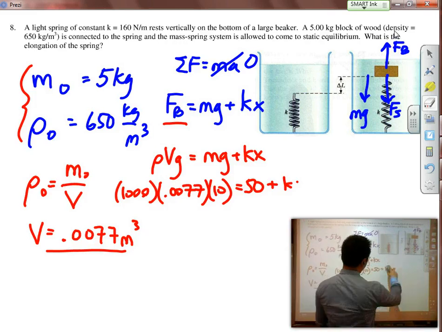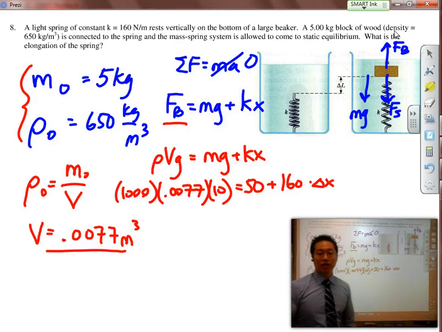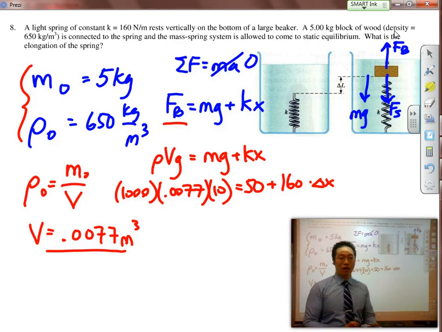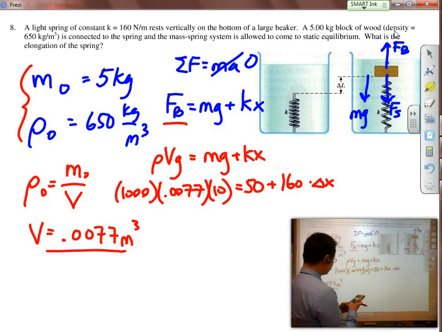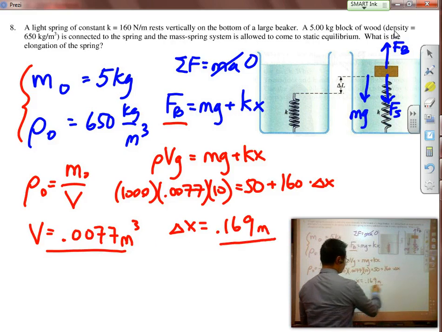They said that k is 160 newtons per meter, times delta x. So now, keeping this all in mind, if I plug this into my calculator, I would get the answer to be delta x is equal to 0.169 meters.